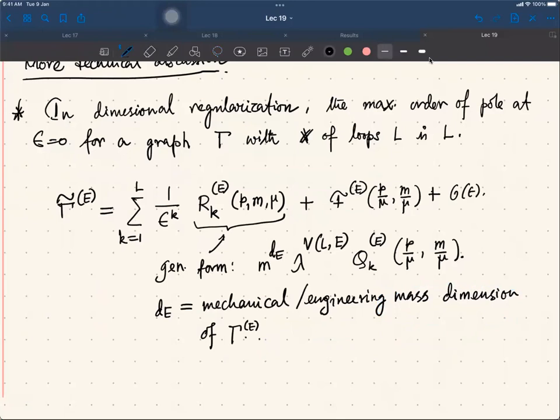So if it has the mass dimension d_E, then one would have a factor of m to the power d_E, and then lambda, which is dimensionless, will have a power of v when you give the number of loops.